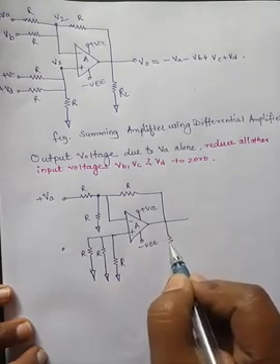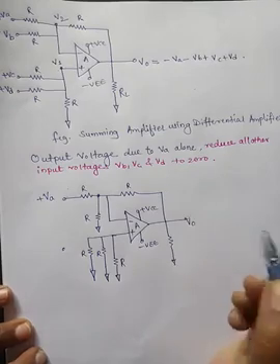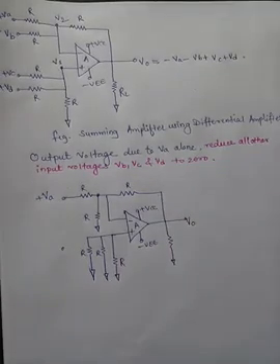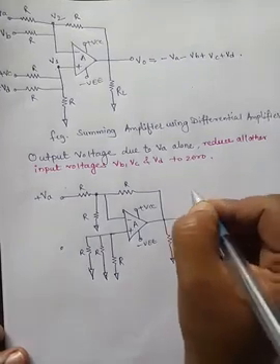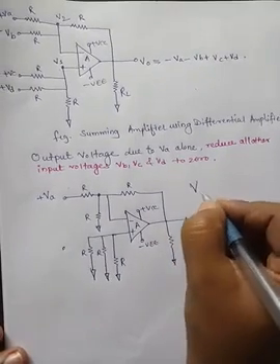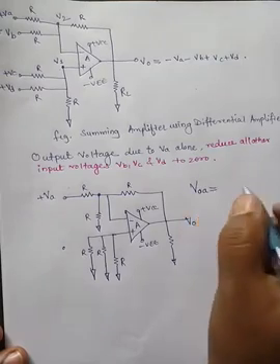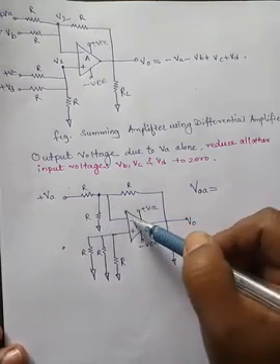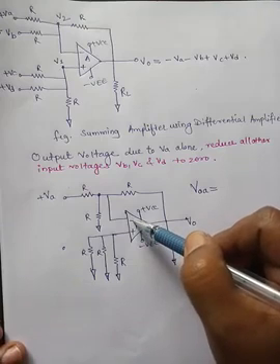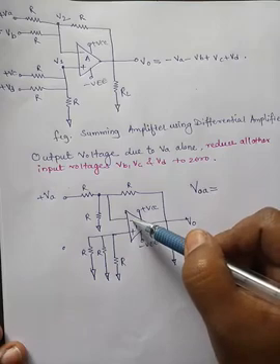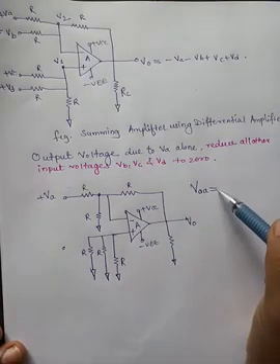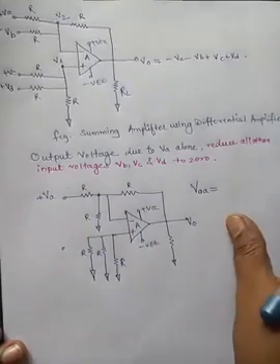We have to find the output voltage because of VA alone, with all other voltage sources reduced to 0. Therefore, what should be the output voltage? If only VA is present, which is given to the inverting input terminal, we can write the output voltage equation of an inverting amplifier with feedback.